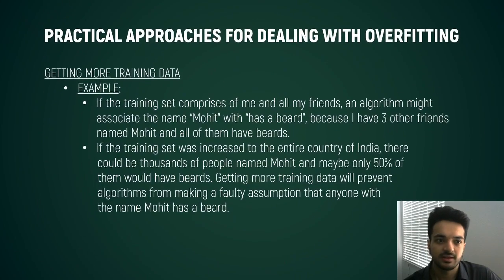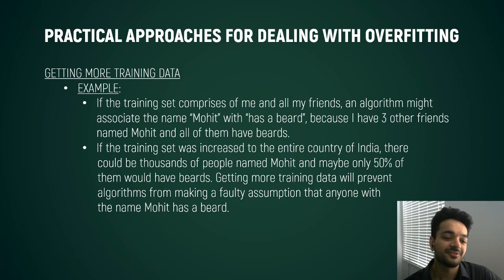Now let's look at another way to deal with overfitting, which is by getting more training data. A good example for this is, let's assume a training set comprises of me and all my friends, and an algorithm might associate my name, Mohit, with has a beard, because I have 3 other friends named Mohit and all of them have beards, and I do consider this to be a beard.